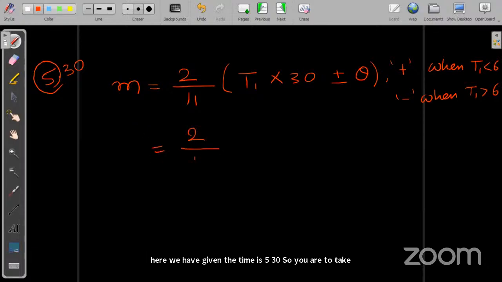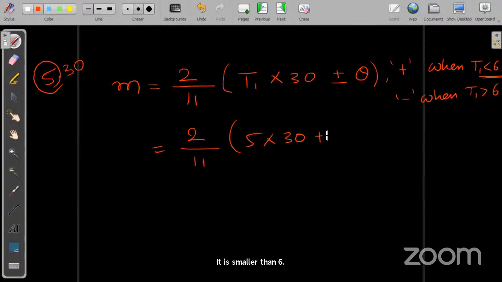So 2 by 11, 5 into 30. Now this t1 is less than 6, so I have to use the plus sign. And how much angle do we need to find? We need to find theta, which is a 90 degree angle. So you multiply 5 into 30, which is 150, plus 90.